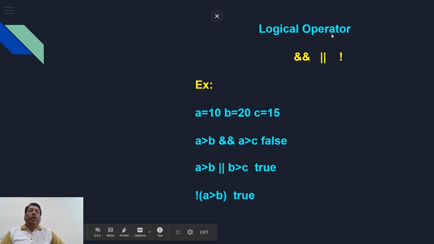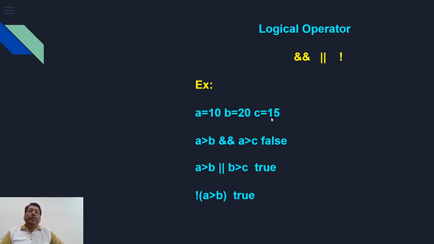Similarly, we have logical operators. With logical operators, we can make use of the AND operator by using two ampersands. We can use the pipe symbol to say OR, and then exclamation to say NOT. So how do you make use of this? You can say A equals 10, B equals 20, C equals 15.